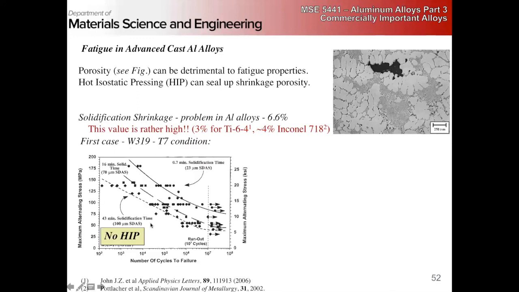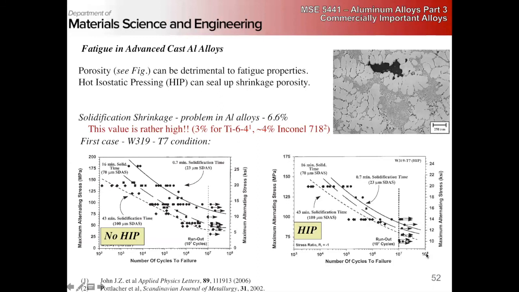So with this fatigue, we have cracks that can nucleate at these pores. Fatigue is a real problem here. But with hipping, we can really push these curves out quite a bit.